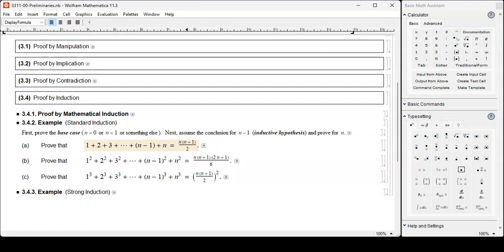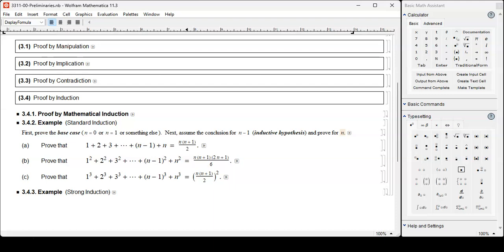The structure is like this. We have to prove the base case, starting from 0 or 1 most typically, or something else. If the problem specifically gives you greater than or equal to 3, then you have to follow that. Or greater than or equal to -6, you just follow that. And then we assume the conclusion for n-1, which we call the inductive hypothesis, and then prove for the next n.